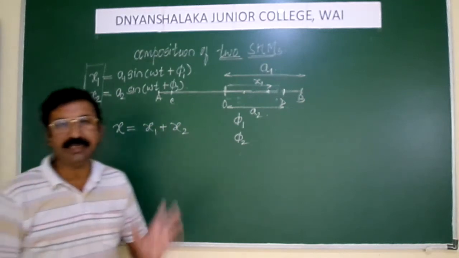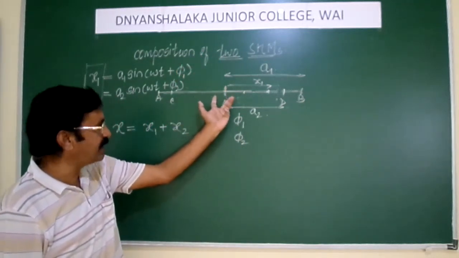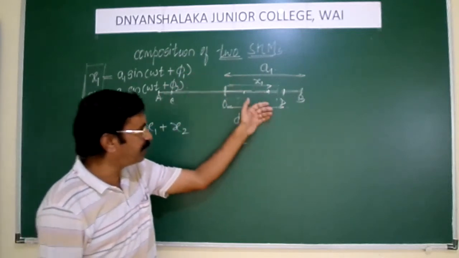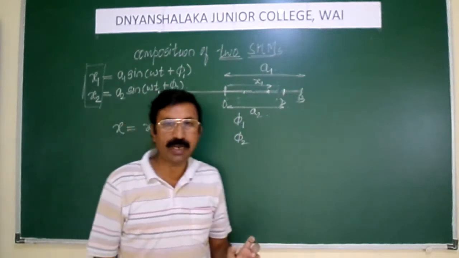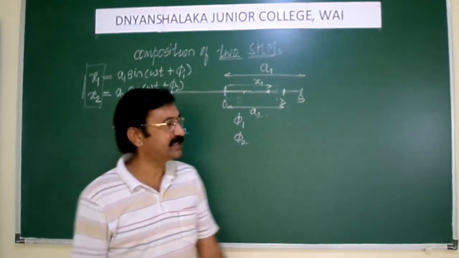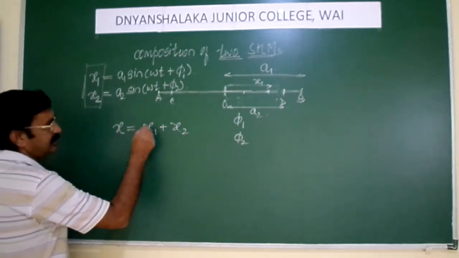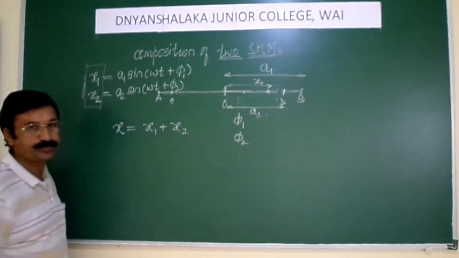The combined displacement when the two SHMs are on the same path but having different amplitudes and different initial phases, but the single particle has to undergo the two SHMs simultaneously, the resultant of the two will be x is equal to x1 plus x2.